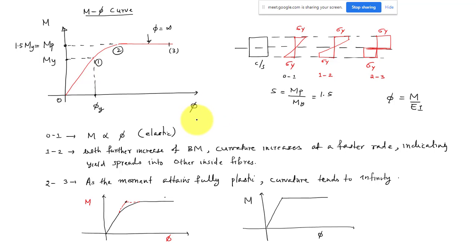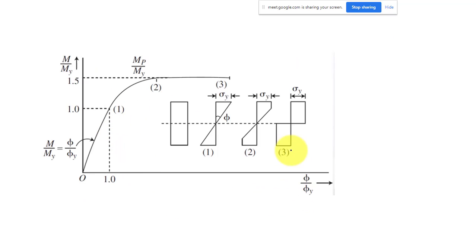Okay, so this is for the rectangular section, and here moment is in some unit and your phi is in some unit. So I can also make this moment curvature relation or this graph in a non-dimensional form. I can just divide this moment value with the yield moment, and I can divide this curvature value with phi y. Okay, if I do that, it will become like this: M by My, all the moment values divided by your yield moment, and all the curvature values divided by your curvature at yield point, phi y.